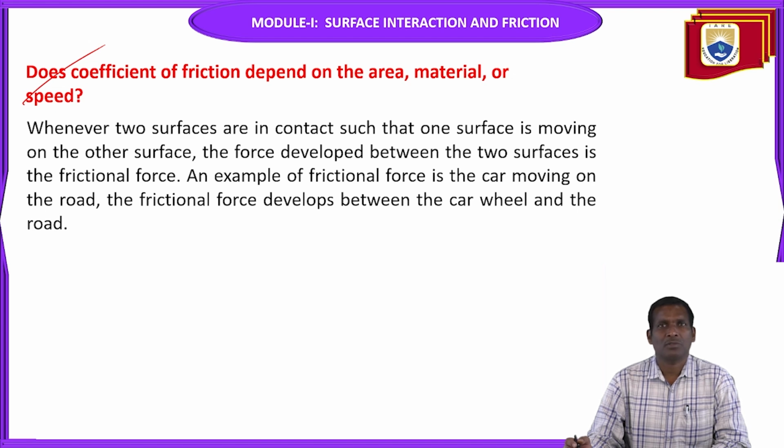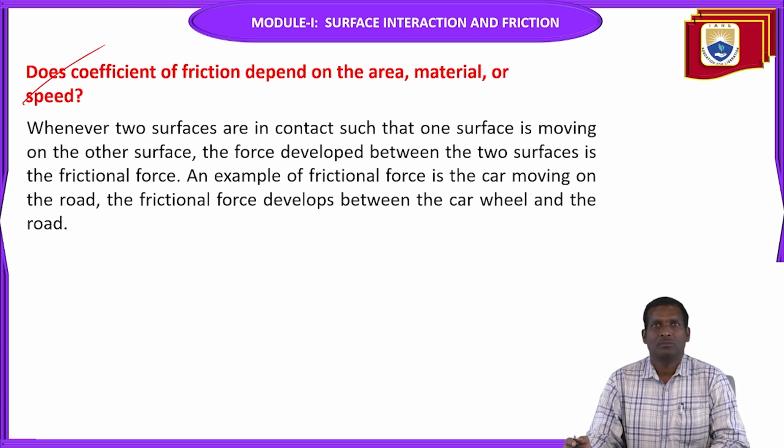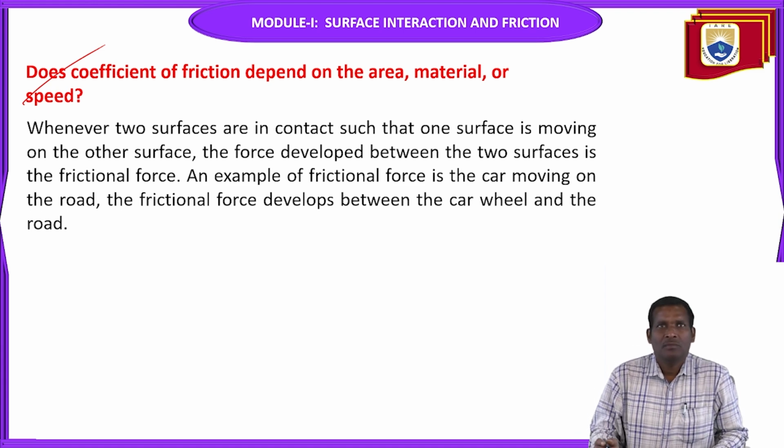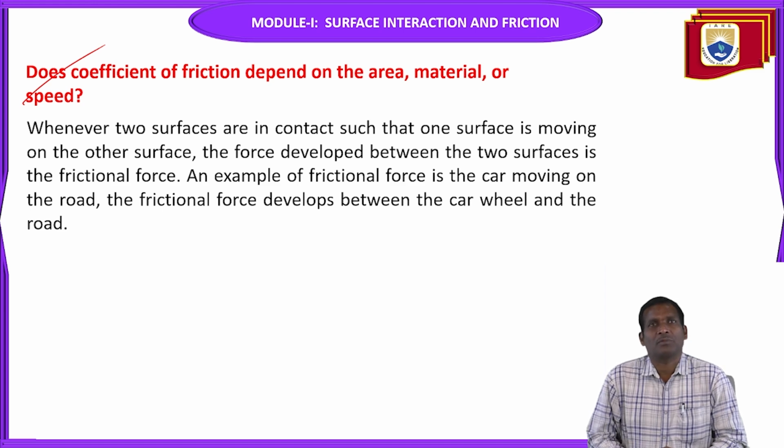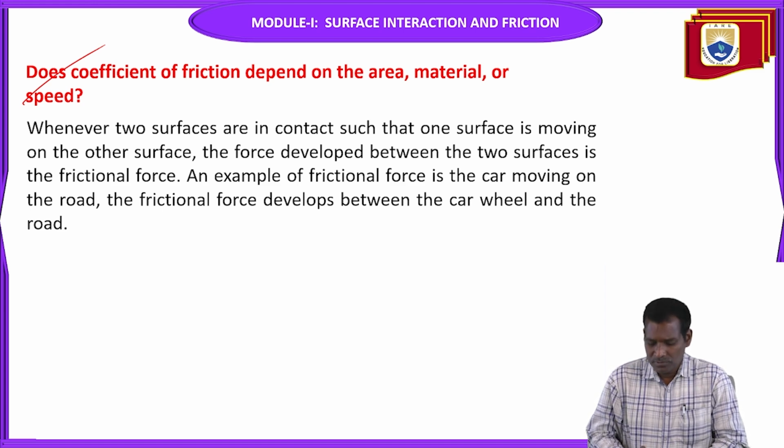The frictional force develops between the car wheel and the road. These are two examples of a frictional force. So the frictional force depends upon the area, material, and the speed.